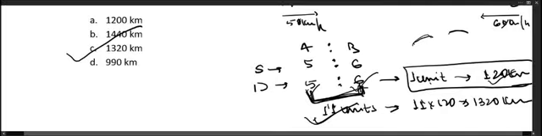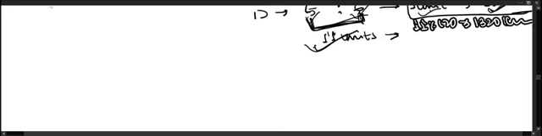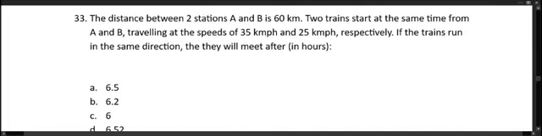Whenever it is given that he has traveled more or less, the question is talking about the difference. So 6 minus 5 equals 1, and 1 unit equals 120, because the distance traveled by B is 120 kilometers more.